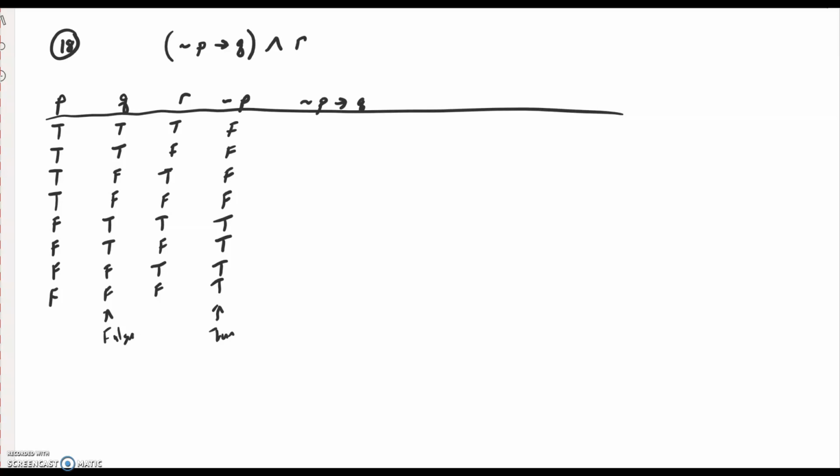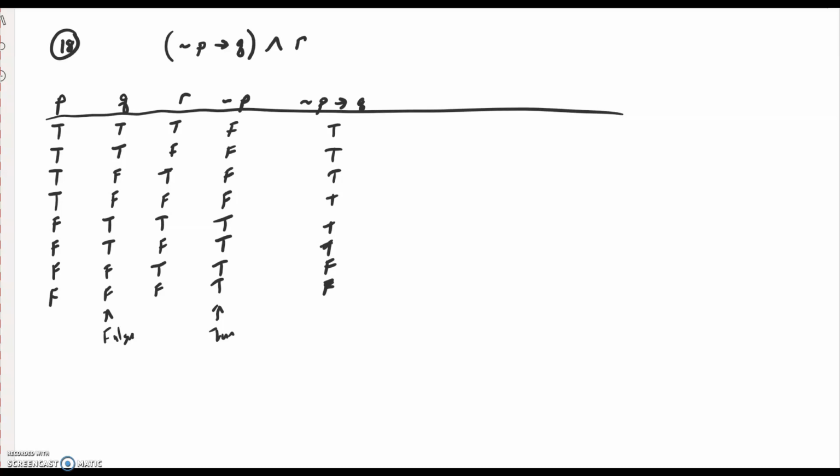So let's look for trues followed by falses, and here they are. True with a false follow through, a true with a false follow through. There isn't any other trues with false follow throughs, and so we have a truth table that is mostly true and then somewhat false.